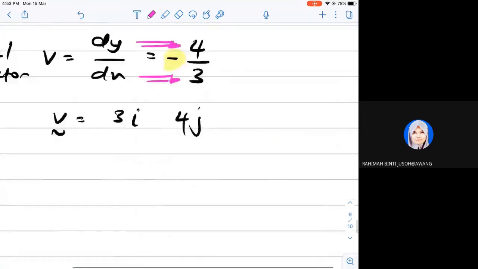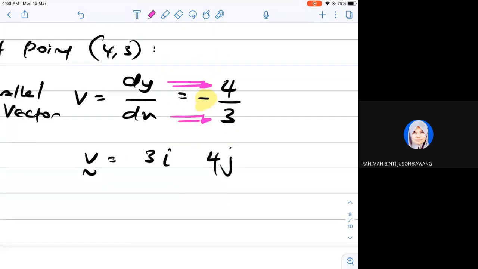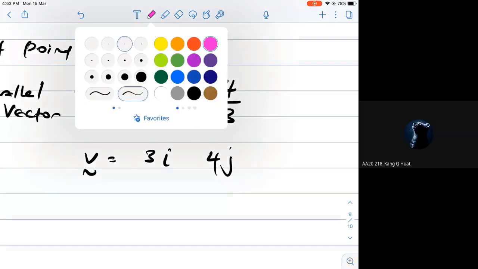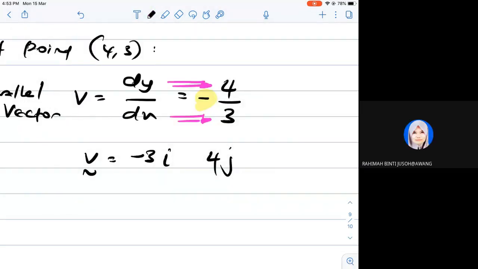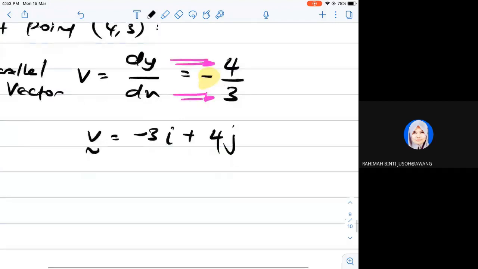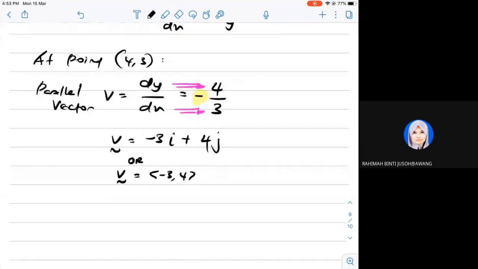So now, the negative belongs to what? i or j? i. Very good. So negative 3i plus 4j, or you can also rewrite your vector v as (negative 3, 4). So now we have completed it. This is your x0, y0, and this one is your a and b.